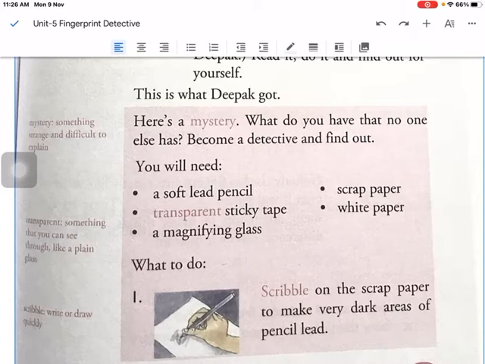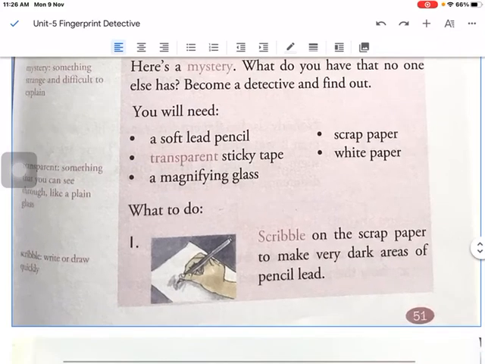Okay, we need five things here, isn't it? Soft lead pencil, transparent sticky tape, magnifying glass, scrap paper, and white paper. Now these are the materials which we need to find out the fingerprints. Okay, now what to do?